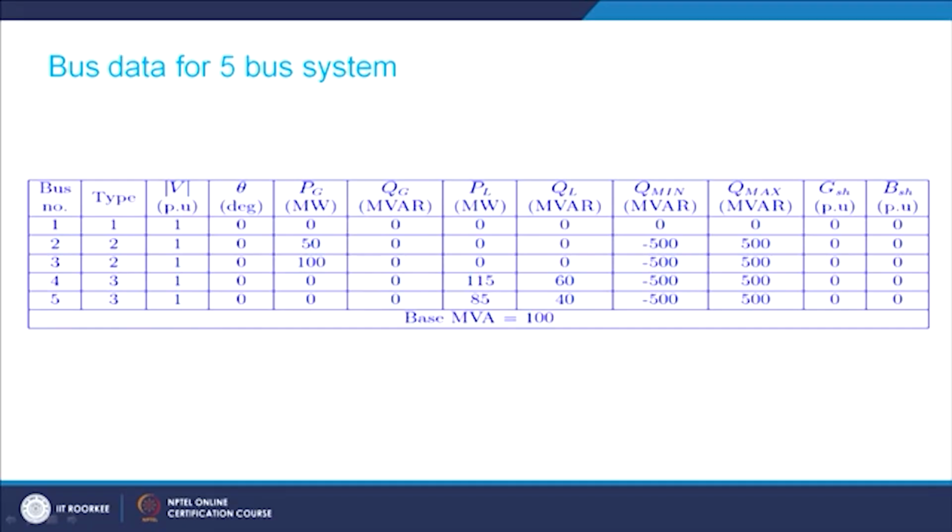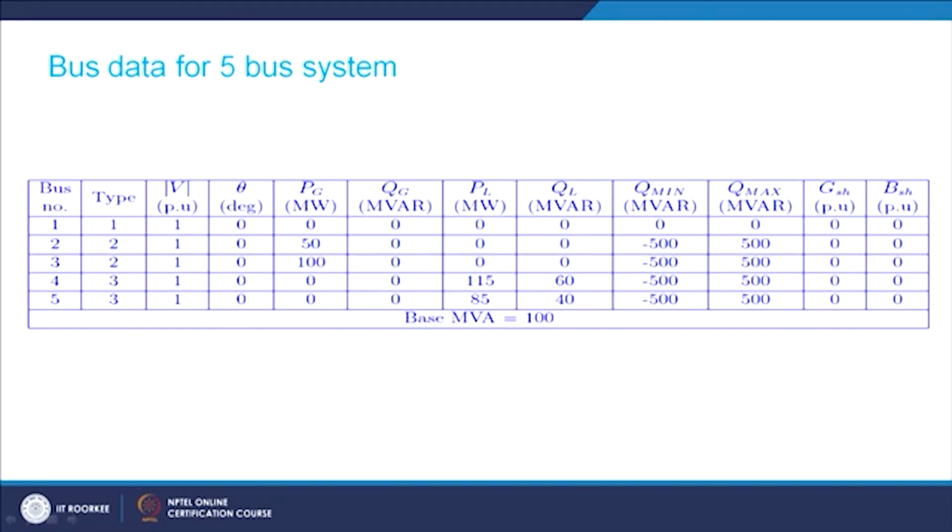And for bus 2 and 3, because these are PV bus, their voltage magnitudes are specified, and both these voltage magnitudes are 1 and 1. And their real power generation is also specified. For bus 2 this is 50 megawatt, and for bus 3 this is 100 megawatt.